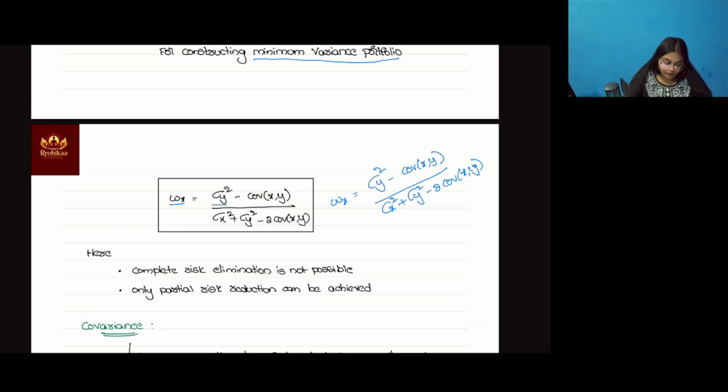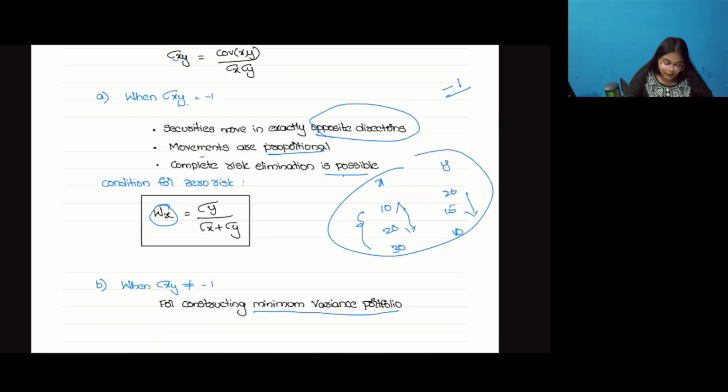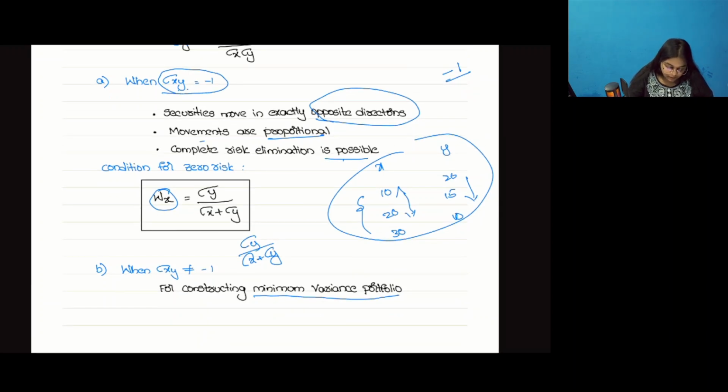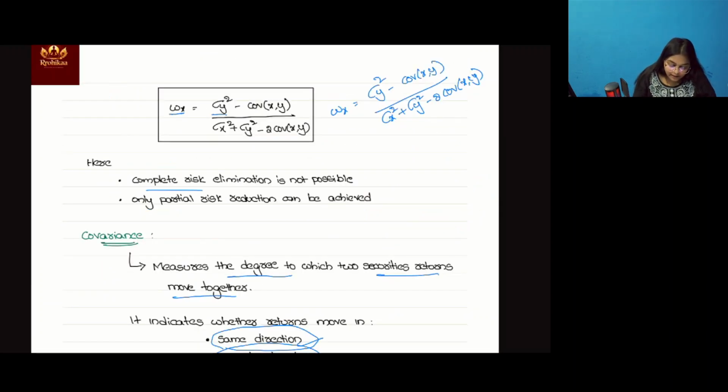If we have to reduce the portfolio risk to 0, the formula will be sigma Y by sigma X plus sigma Y, only if the correlation coefficient is -1. Otherwise complete risk elimination is not possible, only partial risk reduction can be achieved.